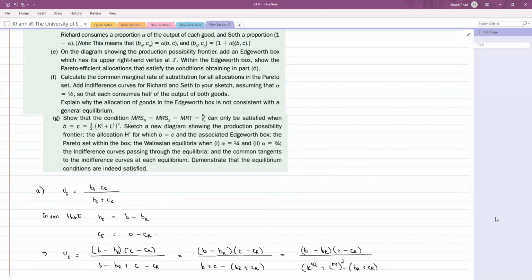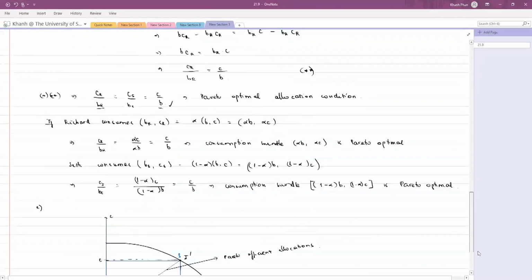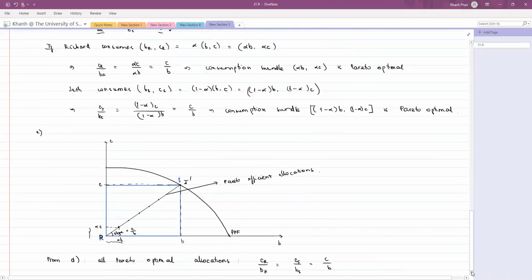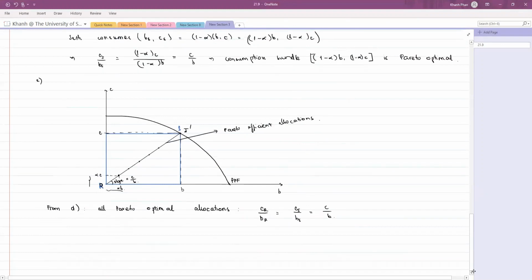So each of the consumers is consuming half of the output of the goods. What is the marginal rate of substitution for each of the consumers at this optimal allocation point?